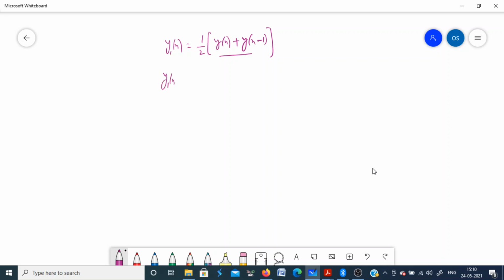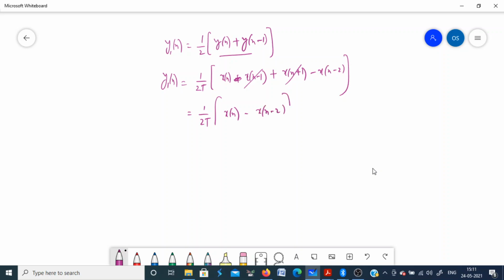Or you can write it in terms of x: it will become 1 by 2T, x(n) plus x(n minus 1), then y(n minus 1), so this is minus x(n) minus x(n minus 1), then plus x(n plus 1) minus x(n minus 2). So you will get 1 by 2T, x(n) minus x(n minus 2).